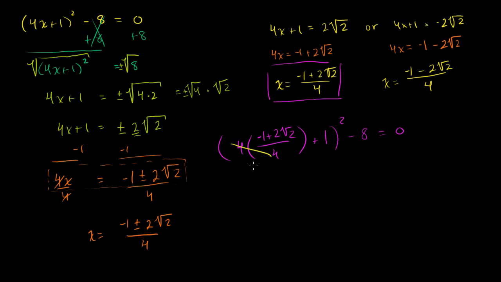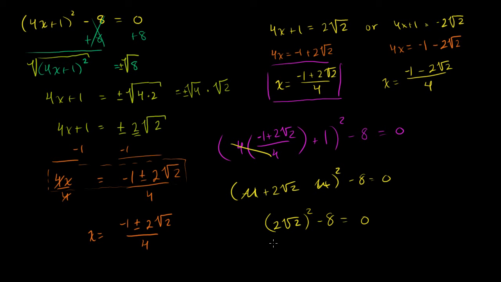Now, these 4's cancel out. So you're left with negative 1 plus 2 roots 2 plus 1, squared, minus 8 is equal to 0. This negative 1 and this positive 1 cancel out. So you're left with 2 roots of 2 squared minus 8 is equal to 0.